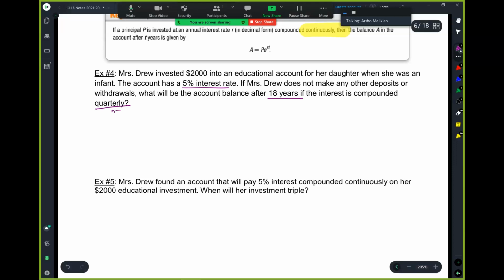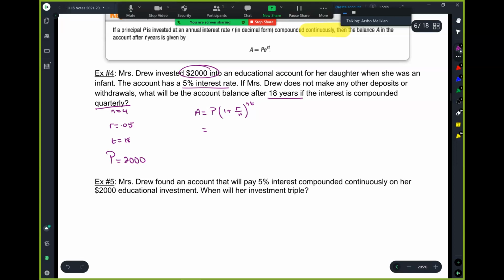So n is 4 times a year. R is 0.05, T is 18, $2,000 is the principal. So A is P, 1 plus R over N to the power of NT.